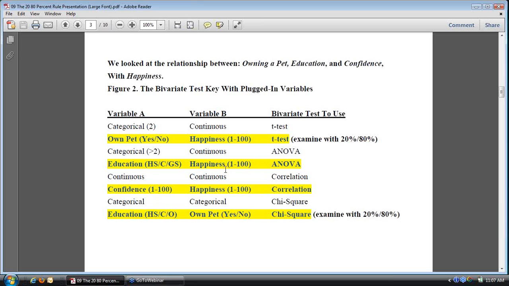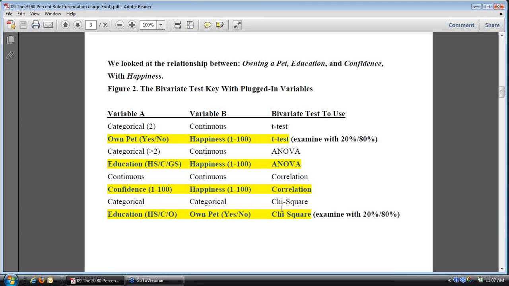If you have two continuous variables, confidence and happiness, a correlation. And finally, just for a proxy, we took our categorical variable education and our categorical variable owning a pet, yes, no. Whenever you have two categoricals, you use a chi-square to do the analysis.